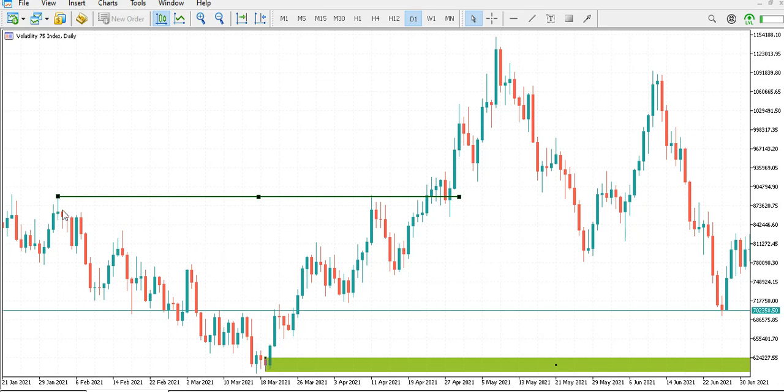Always look for the last up candle prior to the move down that left an institutional candle that pushed for the break of market structure. And where is that candle? It is this one.